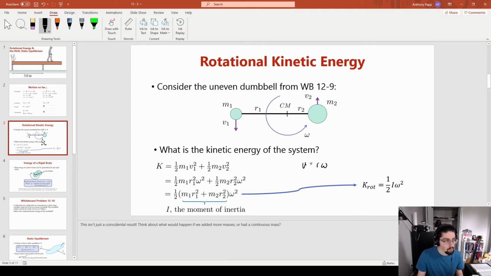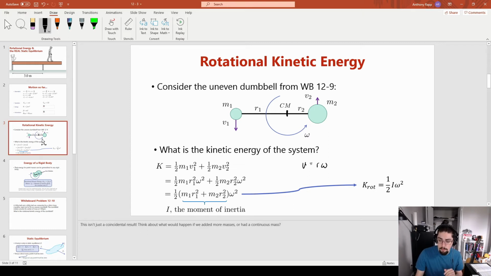What is the r? It's unique for each one of these because it's spinning about the center of mass. So I've got r1 on the left side, r2 on the right side. Now I've got 1/2 m1 r1 squared omega squared, but it's the same omega in each because it doesn't matter where you're at in the circle. If you're spinning around in the circle, you've got the same omega.